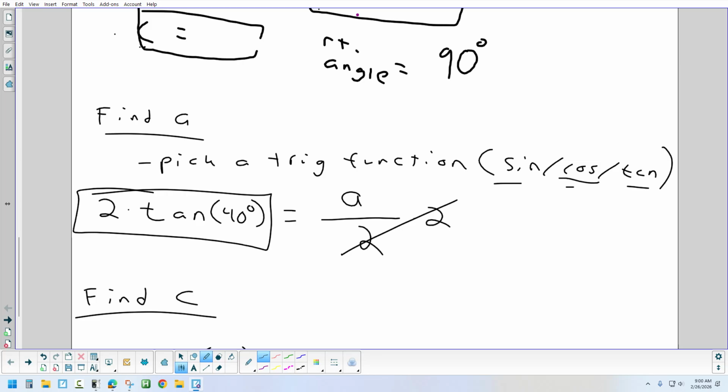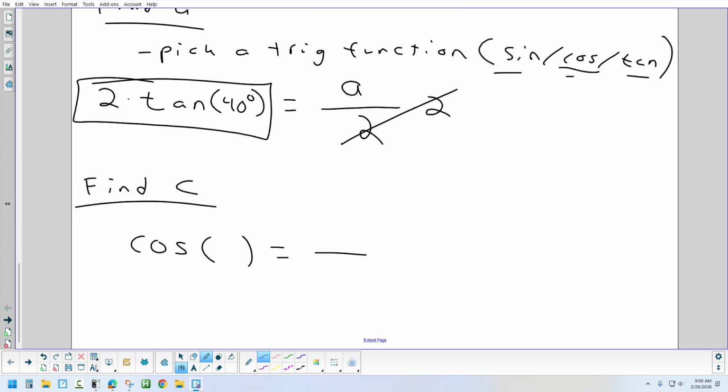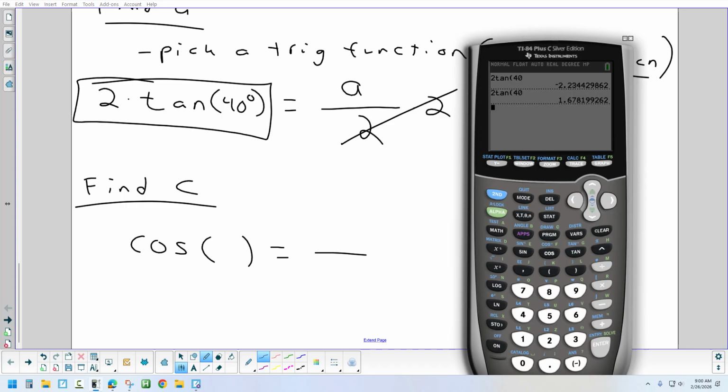Any question why we picked cosine? Why aren't we using the other 3? Because we don't have buttons for them on the calculator, so we could use them, but it would be more steps. So we're going to stick with the ones that every calculator has a button for. But hypothetically, you would be able to use the other ones too.